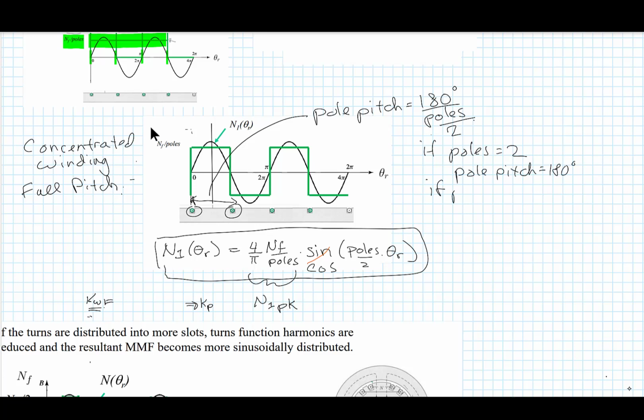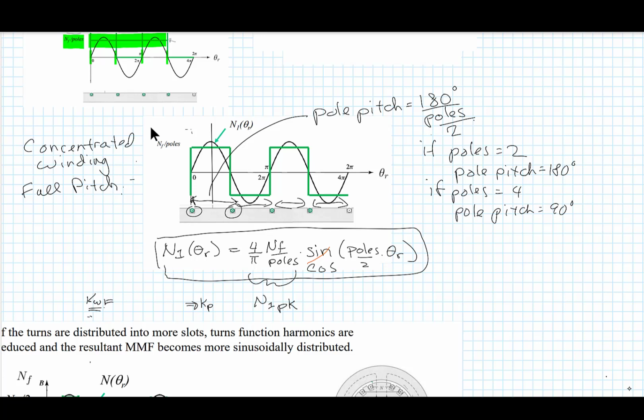If poles is 4, the pole pitch is equal to 90 degrees. And you can see that we would have 4 of the 4 pole pitches for the 4-pole winding.